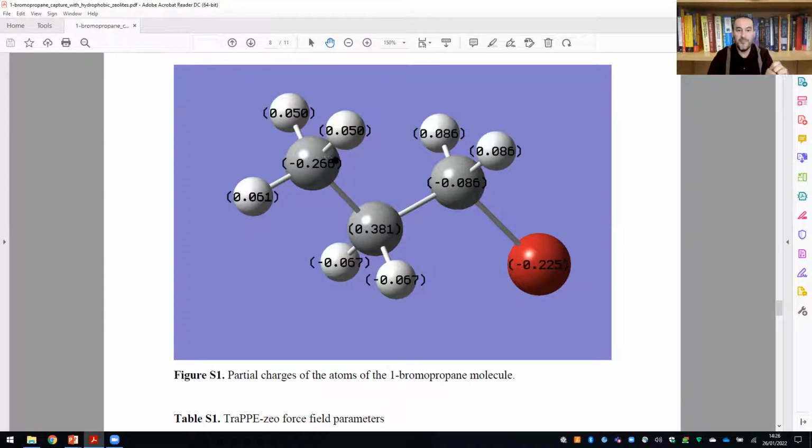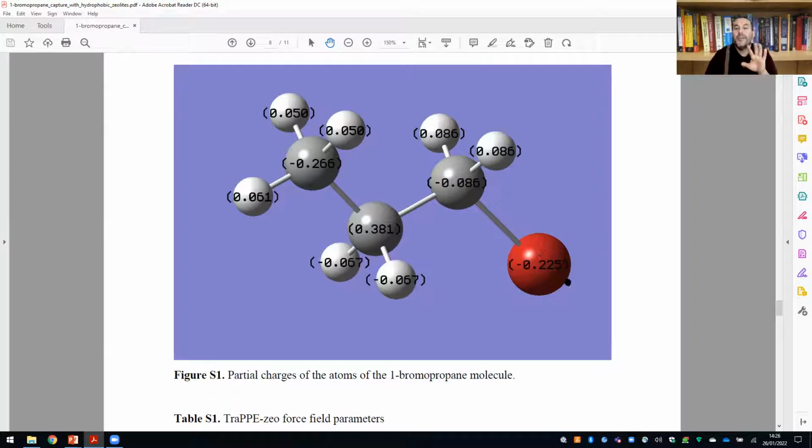But each atom has a partial charge on it, and you can do this calculation by running DFT calculations. You optimize the molecule and then calculate the electrostatic potential, and there are schemes that fit partial atomic charges located on each atom, which reproduce the electrostatic potential around this molecule. Collectively, those charges reproduce the electrostatic potential calculated from the quantum chemical calculation.